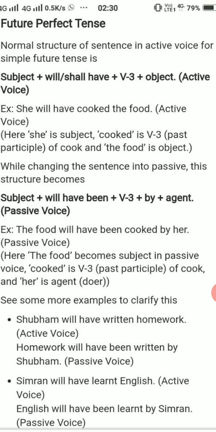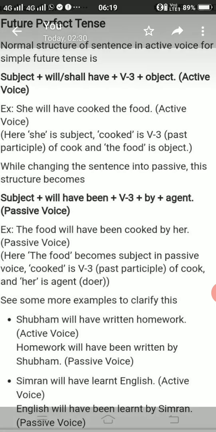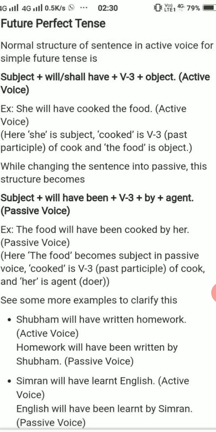Subject comes, then it is followed by either will have or shall have, then the third form of the verb, then the object, right? This is the active structure. For example, she will have cooked the food. Here she is the subject, cooked is the V3, the third form of the verb, which is called the past participle of cook, and food is the object.